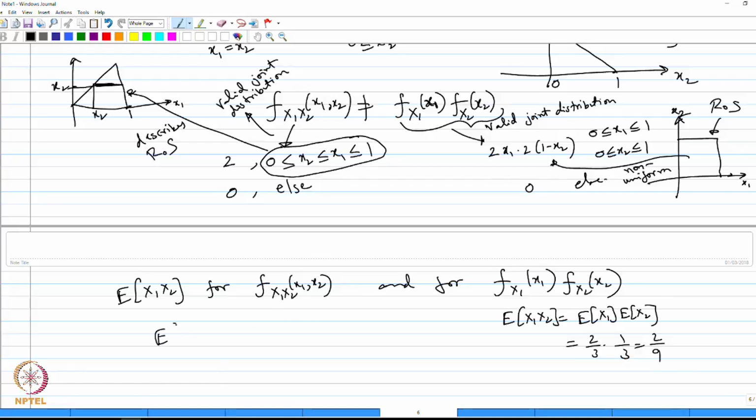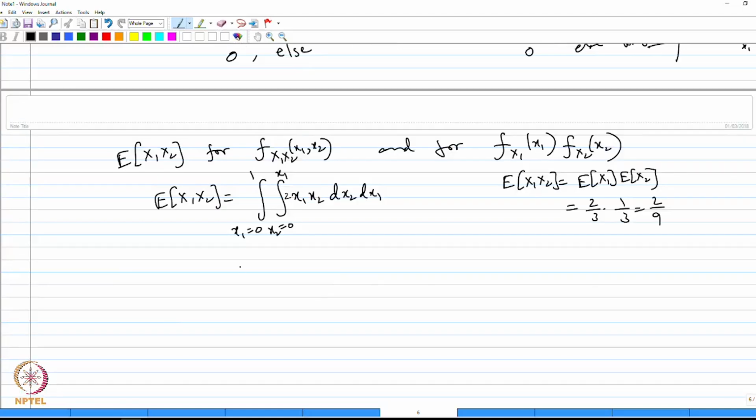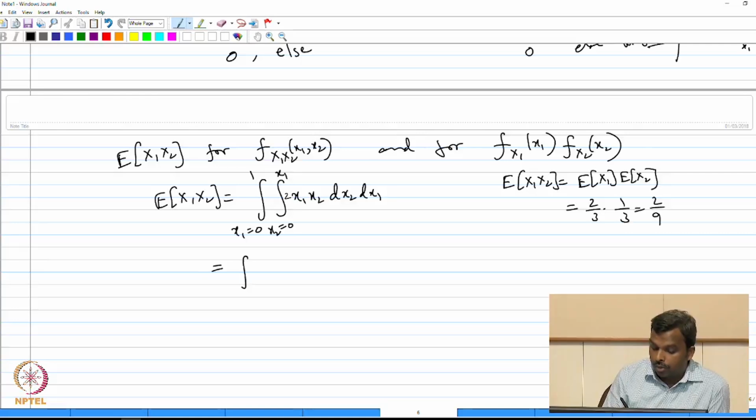Here, for the expected value of x1 x2, you have to do the double integral. You take x1 from 0 to 1, x2 from 0 to x1, 2, and then x1 x2 dx2 dx1. This will be a different integral. So x1 from 0 to 1, 2x1 will be outside, and the integral of x2 dx2 from 0 to x1 is x1 squared by 2.